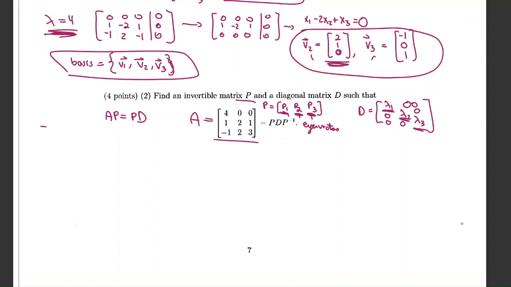And just as a quick little theory part, this isn't really theory I guess, but you can kind of understand how this happens. If I substitute in the P's, so A times P1, A times P2, A times P3 equals P times D, which will just be lambda 1 P1, lambda 2 P2, and lambda 3 P3, where I just substituted it into this equation here. You can see that this is equal to this, and this is the exact definition for an eigenvector and an eigenvalue.